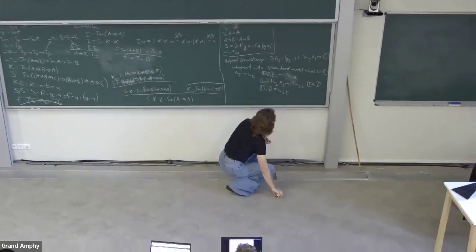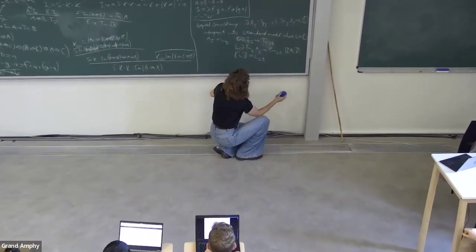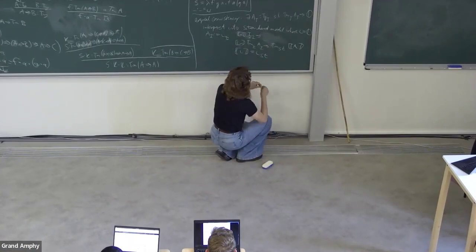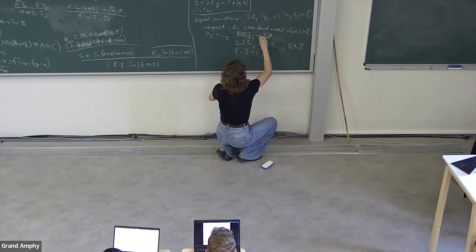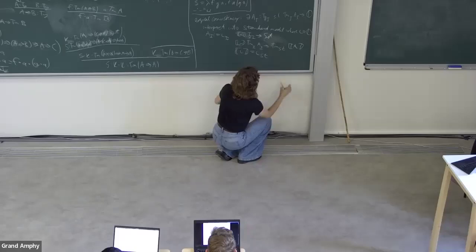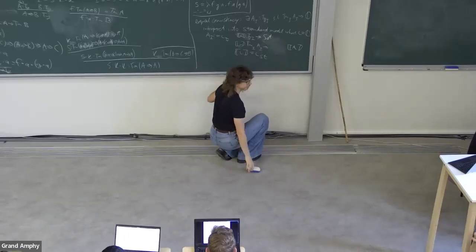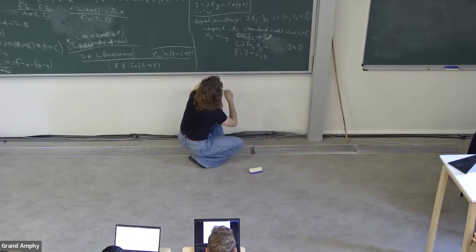So what do we get? Types in the standard model are sets. Terms in the standard model are just the interpretation of the type. And iota is just iota of the standard model.